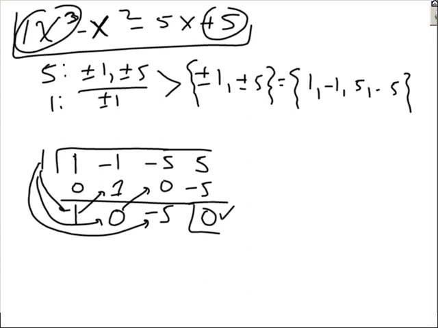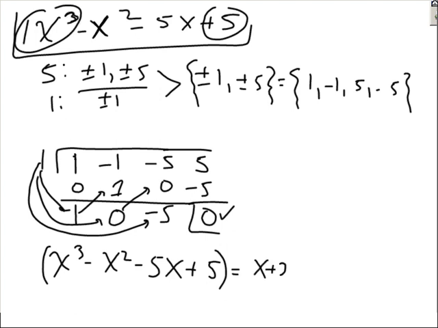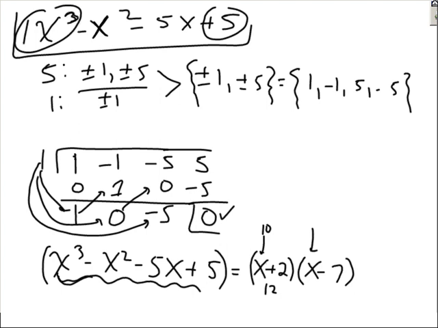Now, let's understand what this means. Here's a very important concept that you need to see clearly. For example, if I told you that what's in this bracket is equal to x plus 2 times x minus 7, and I ask you what this will be when x is 10, it'd be a lot easier to plug 10 in here. 10 plus 2 is 12. 10 minus 7 is 5.